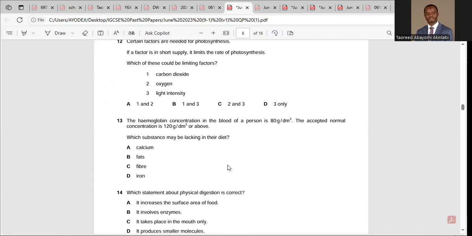That means if the level of hemoglobin is lower, it means that iron is deficient in that person's diet or is not in adequate supply, because iron helps in production of red blood cells or in particular production of hemoglobin. That means the correct option for question 13 is option D.